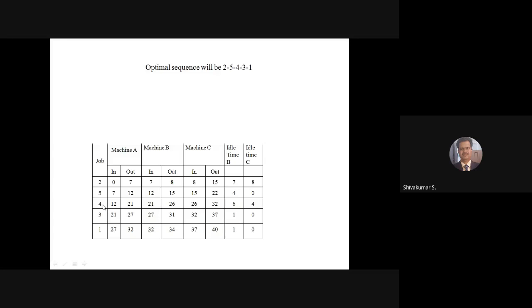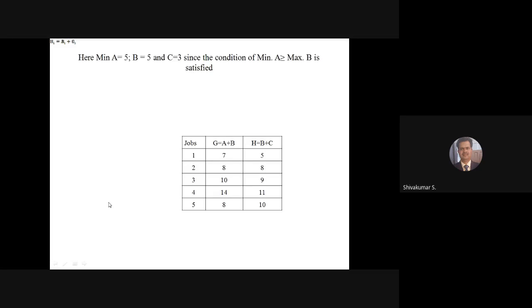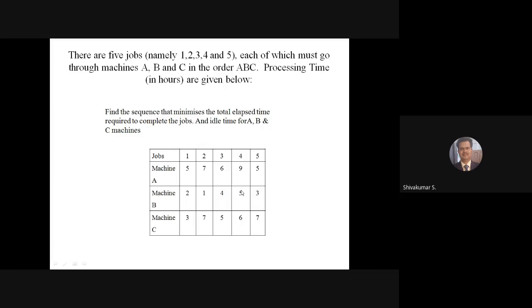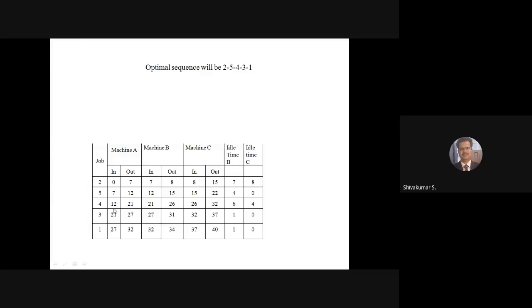Similarly, take the fourth job here. Fourth job is 9, 5, 6. So 12 plus 9, 21. But remember here, machine B is out at 15, but the job is coming after 21 only. So 21 minus 15, 6 hours becomes the waiting time, the idle time for machine B. Now 21 plus 5, 26.